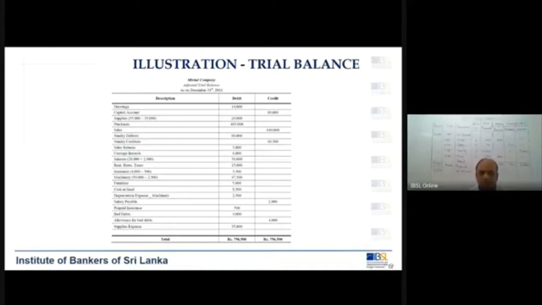If you miss out on any of the accounts, then the two totals will not agree. Secondly, you have to be sure that all the amounts that you have picked from your system or maybe from your ledger are exactly the same. Say for example, the first transaction here, 14,000. If you have recorded it in your trial balance as 4,000, then your trial balance won't agree.